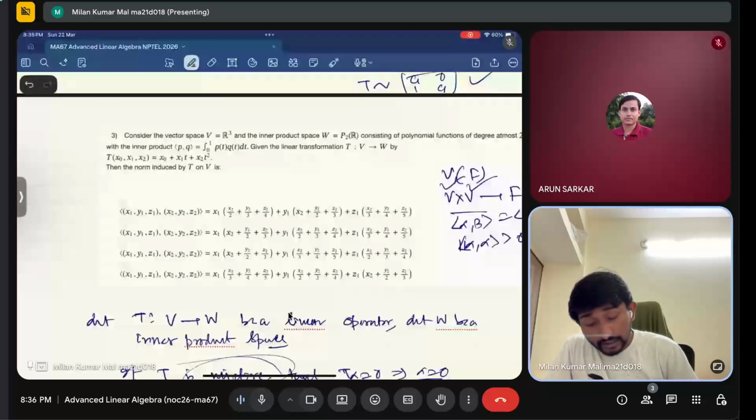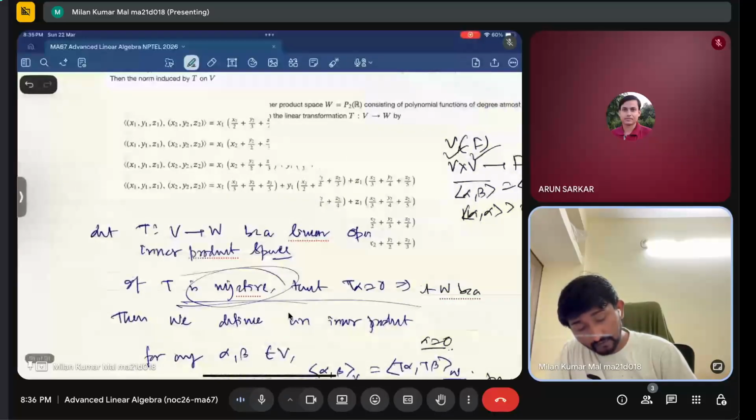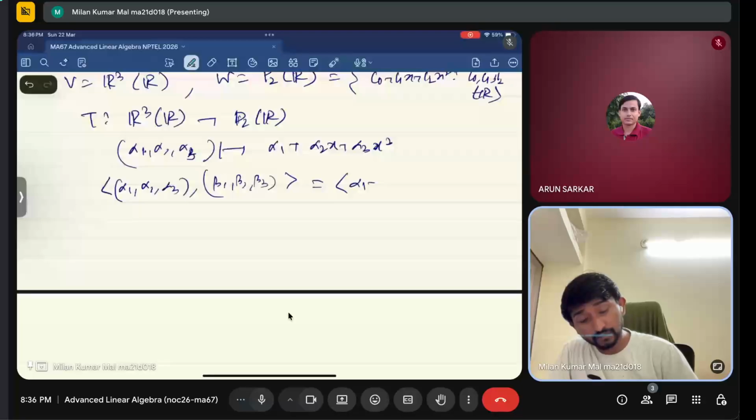So now let's define an inner product of the two vectors alpha 1, alpha 2, alpha 3 and beta 1, beta 2, beta 3, equal to the inner product of alpha 1 plus alpha 2 x plus alpha 3 x square with beta 1 plus beta 2 x plus beta 3 x square. I'm really sorry, this is x square. This one is in R3 over R, and this is in P2 over R.